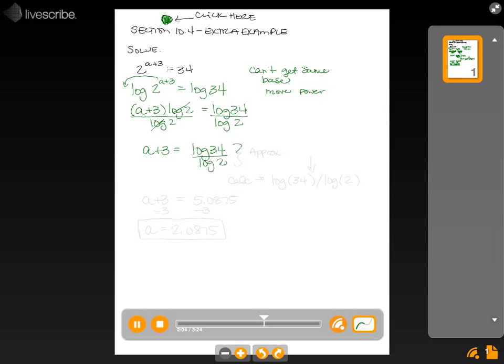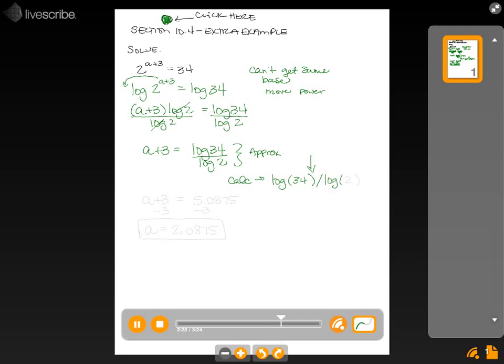Now at this point we're going to put this in a calculator. We're going to go ahead and approximate the logs just to save us some steps in putting it in a calculator and making some mistakes. To put it in the calc, what you would do, log, it opens a set of parentheses for you, 34. You need to make sure you close that with a set of parentheses.